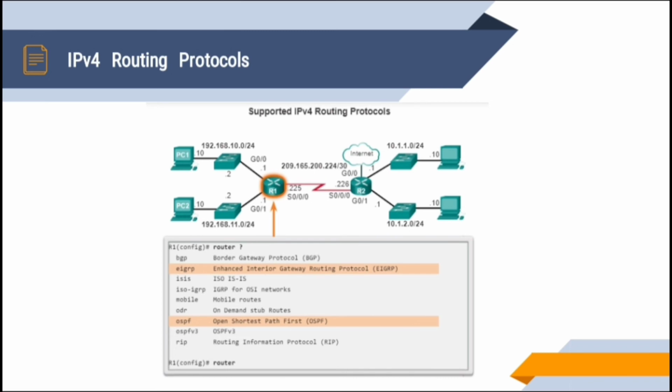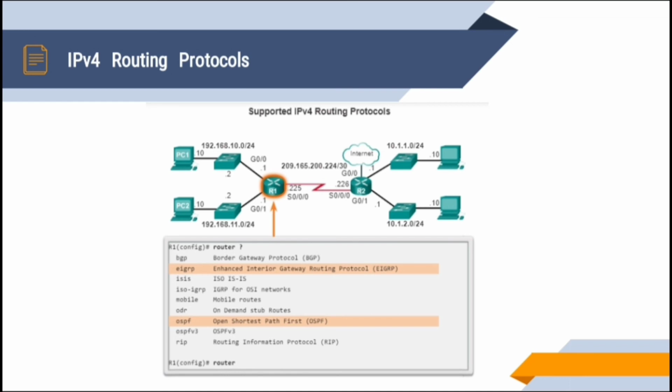For these reasons, dynamic routing protocols have an advantage over static routes. Routers that use dynamic routing protocols automatically share routing information with other routers and compensate for any topology changes without involving the network administrator.